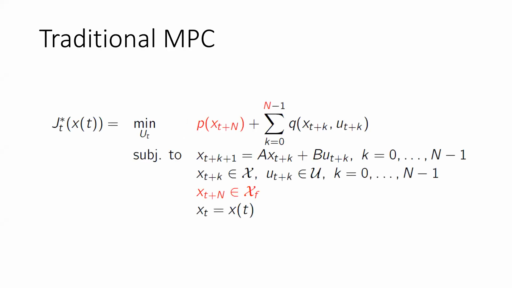So to begin with, I want to provide some background knowledge. This is the problem statement for traditional model predictive control. I think some people have probably already heard of it or used it in research.